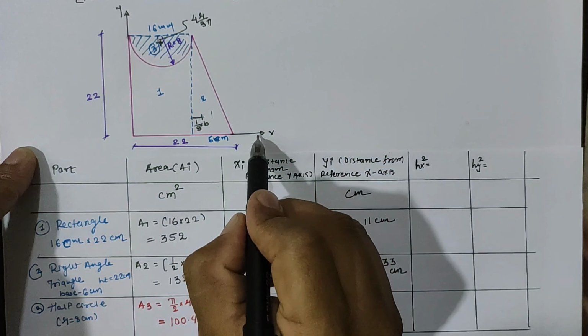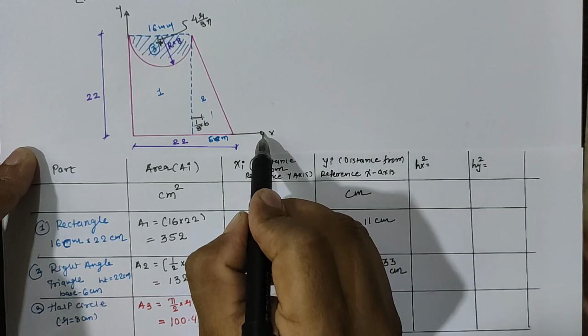And for the half circle, our CG is at 4r by 3 pi from the cutting edge. So to calculate the CG distance from the reference x-axis, first we assume the total height as 22, and out of 22 we have to remove 4r by 3 pi, so that we get the distance y3 from our reference axis.